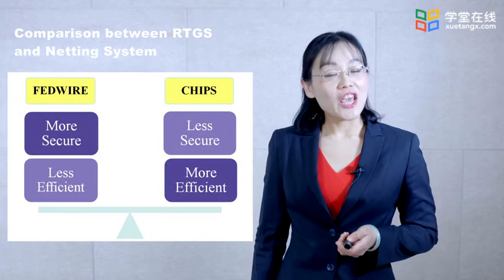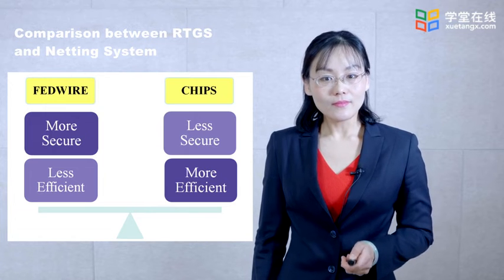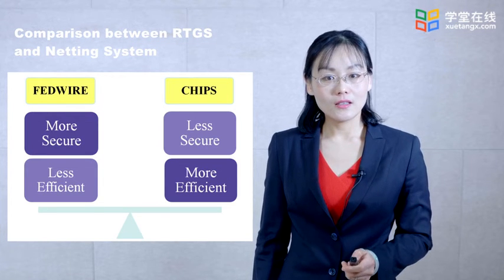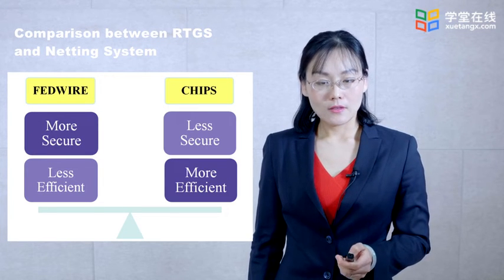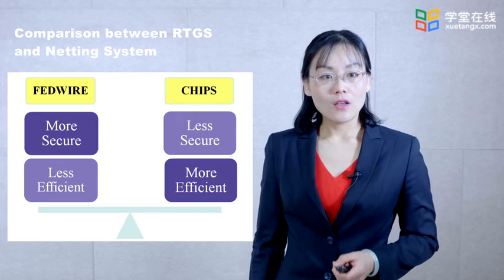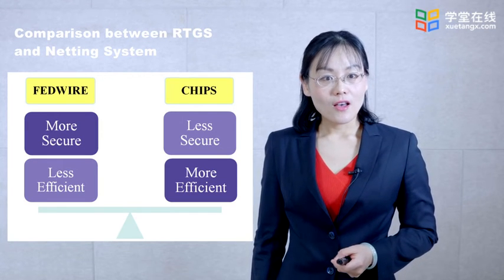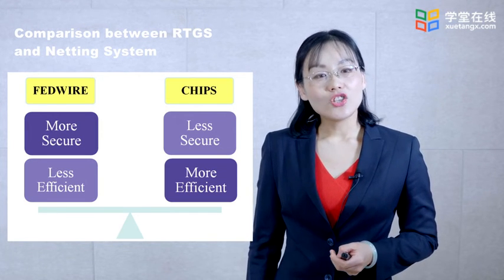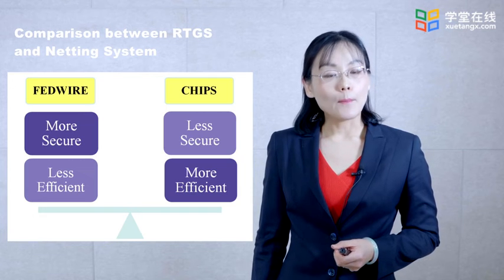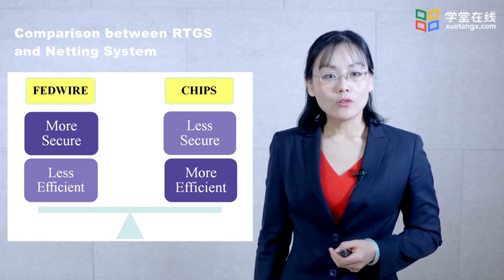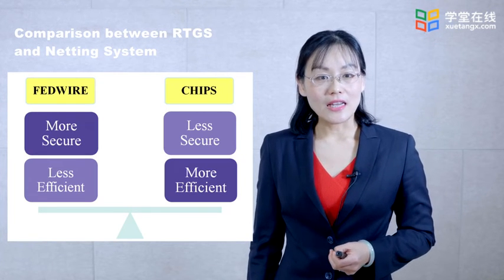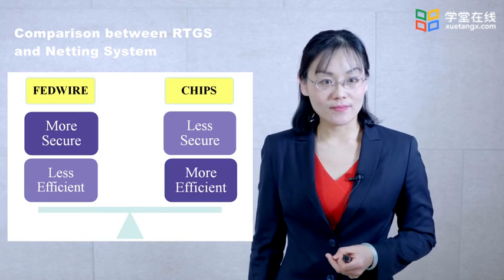By comparing Fedwire and CHIPS, we can conclude RTGS is safer, while the netting system is more efficient.